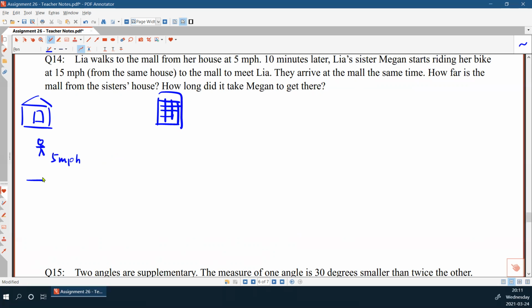Then we have a cyclist, and the speed of the cyclist is 15 miles per hour, right? And she starts 10 minutes later. Because mph means miles per hour, it's better to change the minutes unit to hours. 10 minutes means 1/6 hours later, right? And they arrive at the same time.